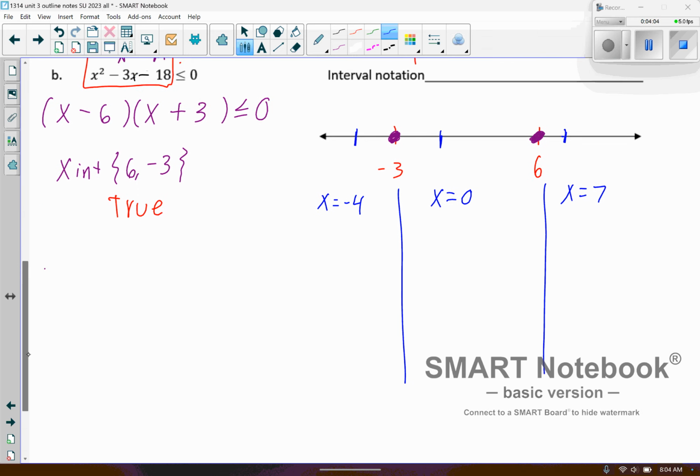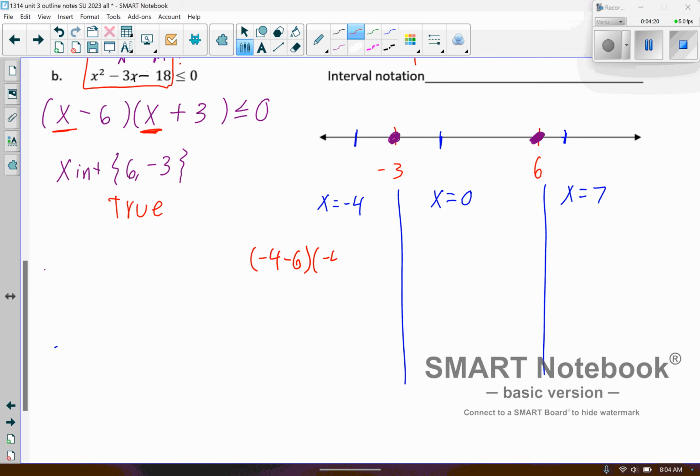I would plug it into the factored form. You could plug it into the original if you want, but I would just use the factored form. We're going to plug it in for x right there. So we have negative 4 minus 6 times negative 4 plus 3 is less than or equal to 0.